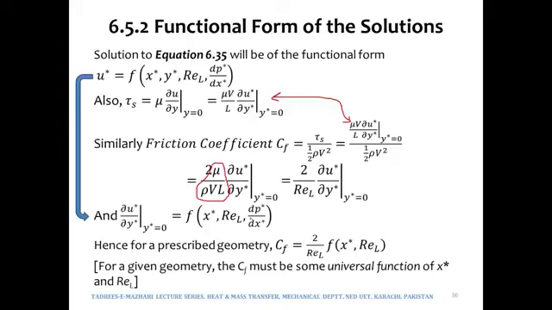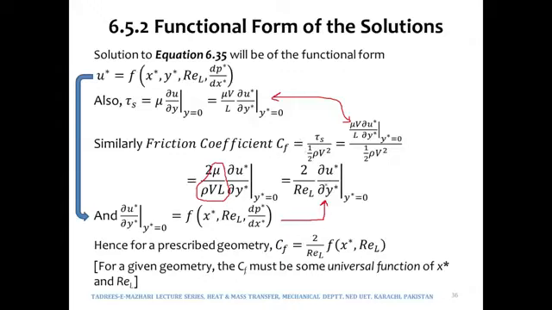So hence, for a prescribed geometry, what we are going to do is write this thing in place of dou u star by dou y star. And what is this thing? It is Cf.